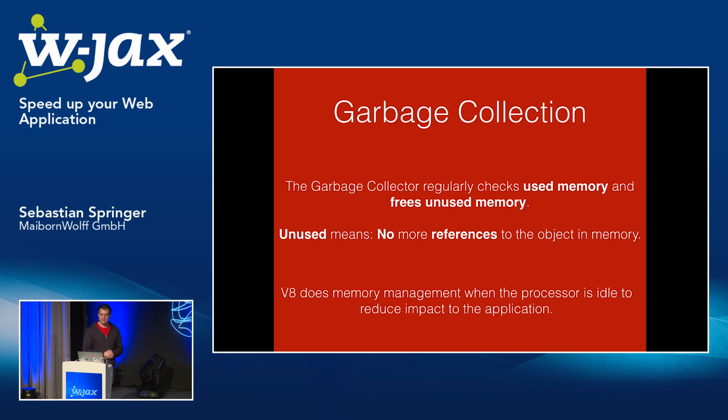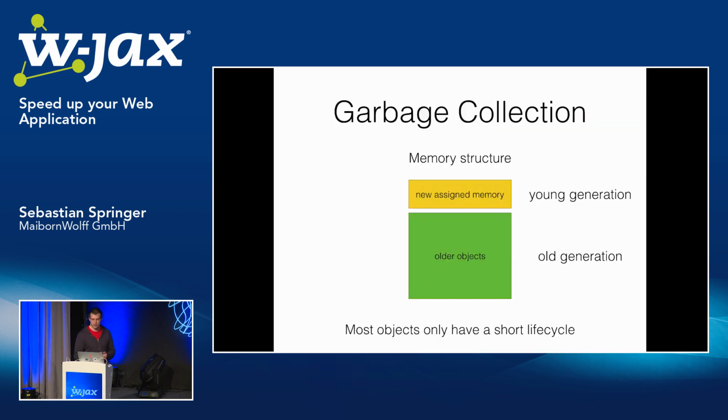because your application uses memory for objects. And as soon as an object is created, memory is referenced and blocked for this object. And the memory of your JavaScript engine is divided into two sections. You have a young generation storage part and an old generation storage part.